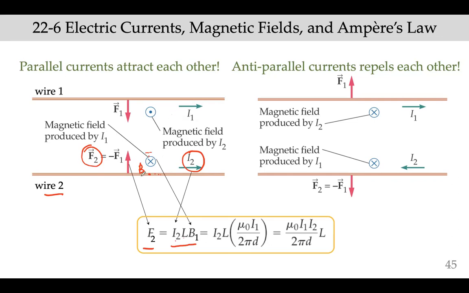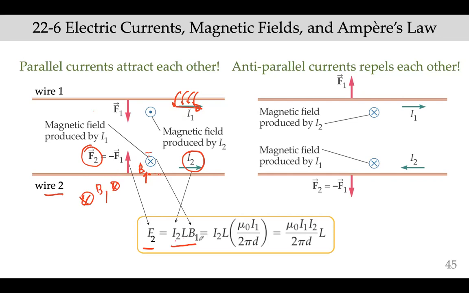And what is the direction? So this is actually B1. So this wire, there's current here. Now use the second right-hand rule. Your thumb shows to the right direction, and you curl your fingers around this wire, and you find that the magnetic field created by this wire at these positions are into the page. So these are B1, they're into the page.